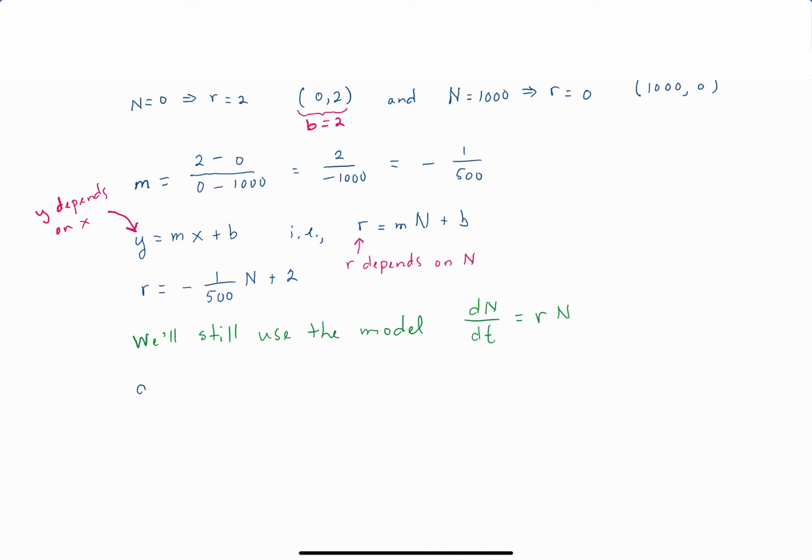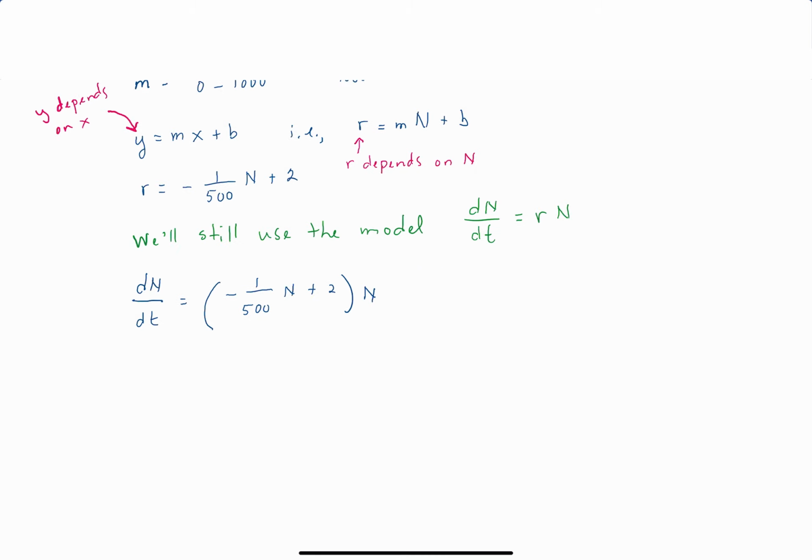So sticking with that model, but using our new and different type of r, we have dN/dt equals negative 1 over 500 N plus 2, because that's what r is, and then times N. This type of growth model is called logistic growth.